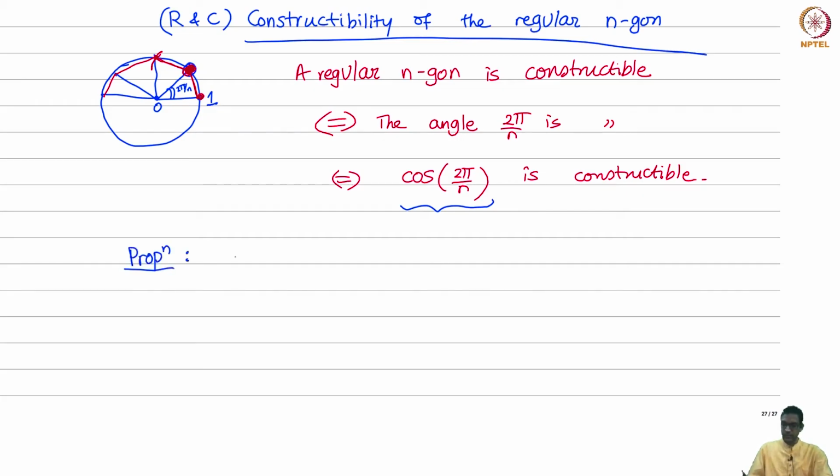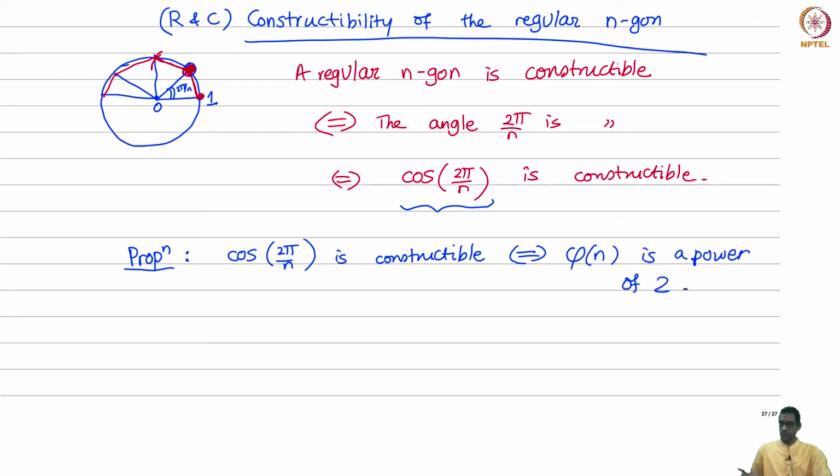Proposition: cosine of 2 pi by n is constructible, or in other words, a regular n-gon is constructible, if and only if phi of n, the Euler's totient function, is a power of 2. Okay, so let's prove this proposition.